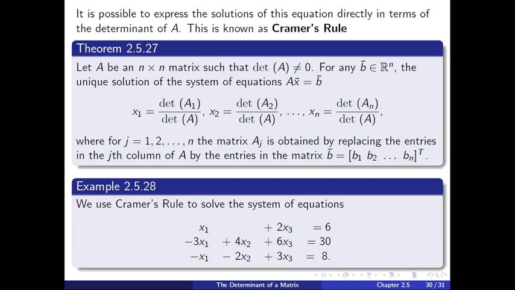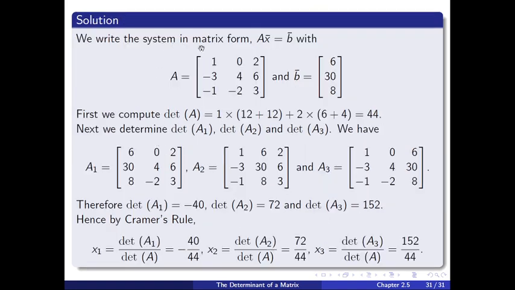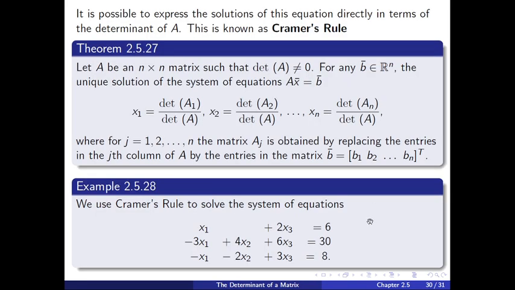And so we're going to illustrate this with an example, and that's example 2.5.28 in the textbook. So we want to solve the system of equations as given below, and we write the system in matrix form: AX is equal to B, where A is the coefficient matrix and B is the column vector whose entries are the right hand terms.